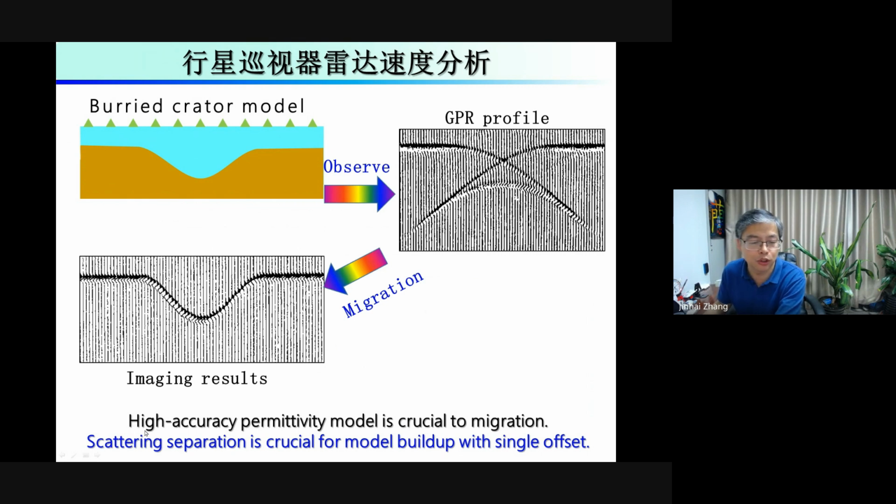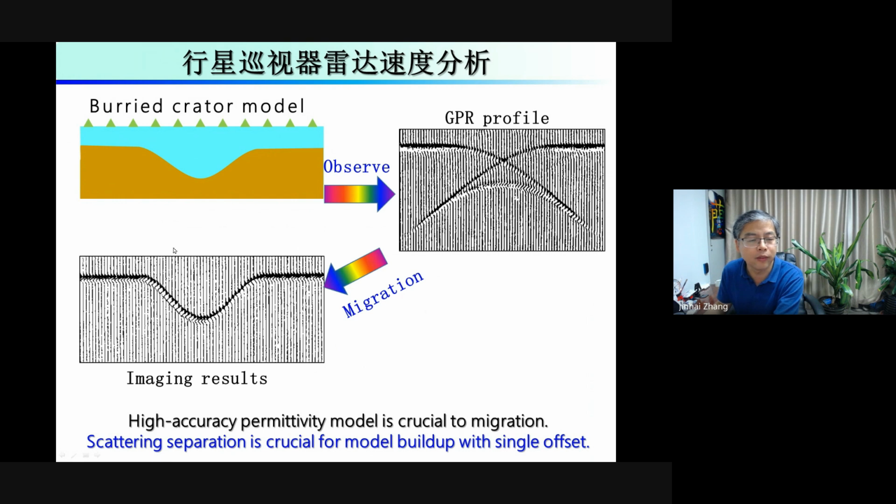However, we have some challenges on this, because this method was originally developed by seismic exploration for oil and gas exploration. In that field, they have much redundant data because they use multi-offset. However, for GPR detection, we usually have only one offset. That means the emitter and the receiver are close to each other.